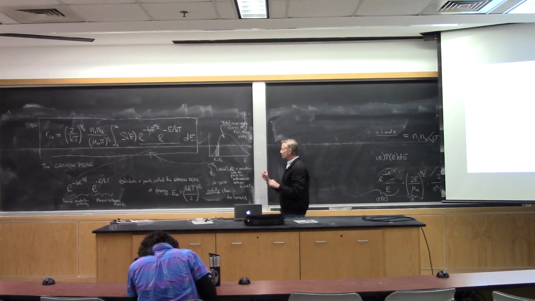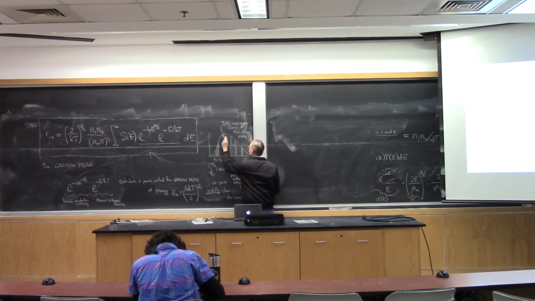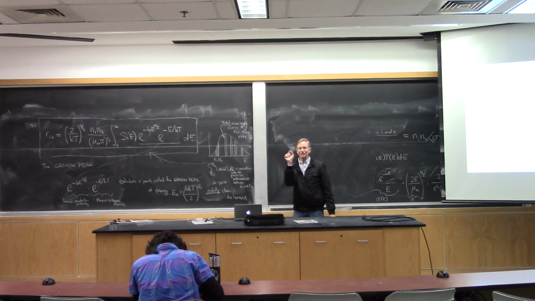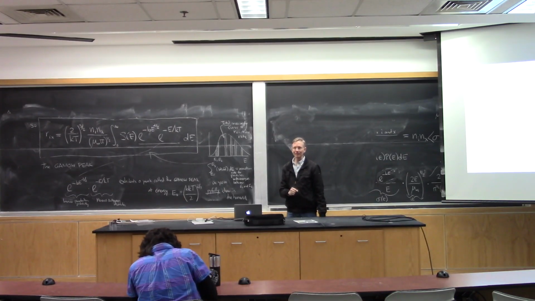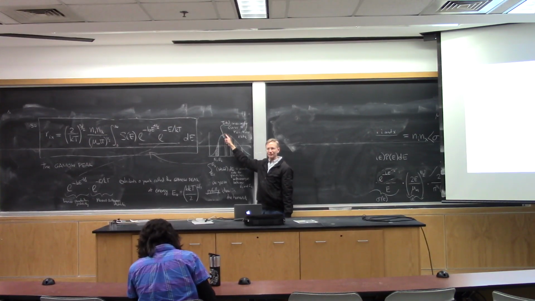So if I took a bunch of equal-sized slices, which one of those equal ranges in energy is associated with the largest percentage of the reactions that are happening? Clearly, the ones where that function that we're integrating is tallest.